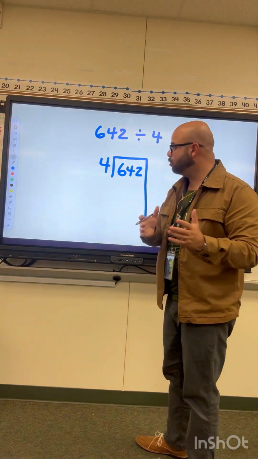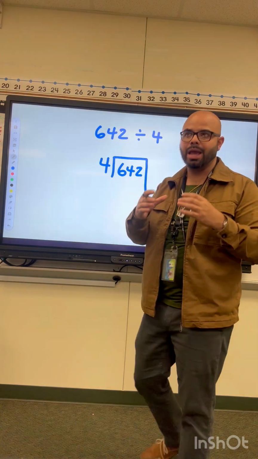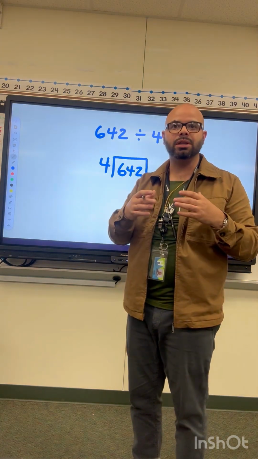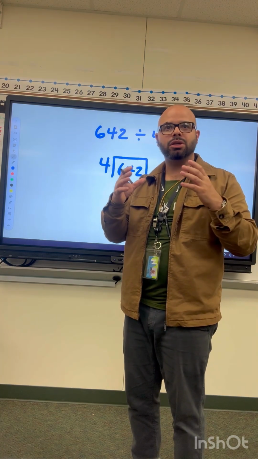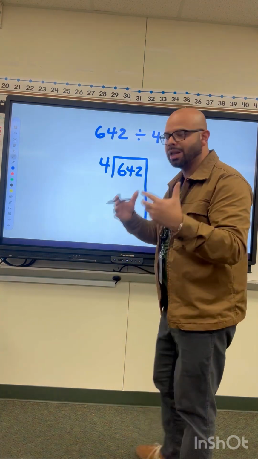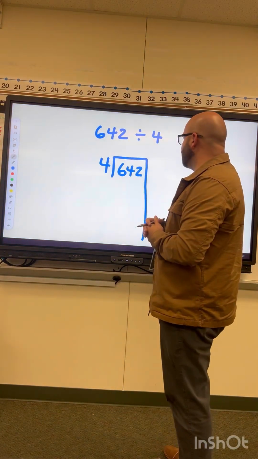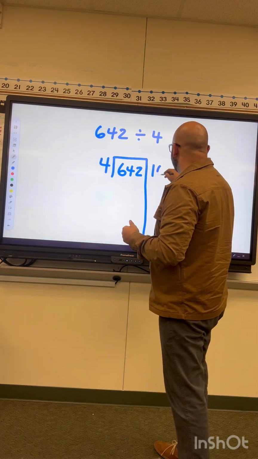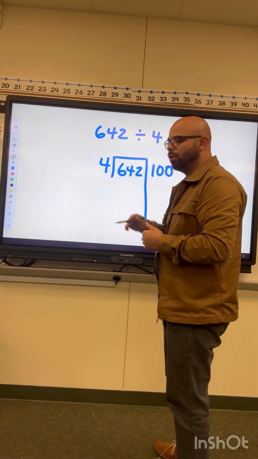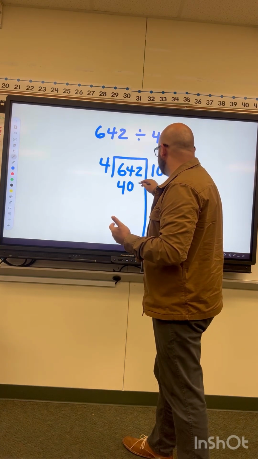What I always tell you to do is always look at compatible numbers, numbers that end in 0, that end in a nice round number, right? 10 ends in 0, 1,000 ends in 0, 100 ends in 0. So in this case, I'm looking at, okay, if I multiply 100 times 4, right, that would give me 400. That's a nice little round number.